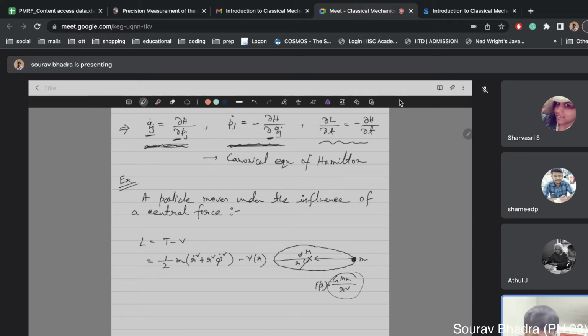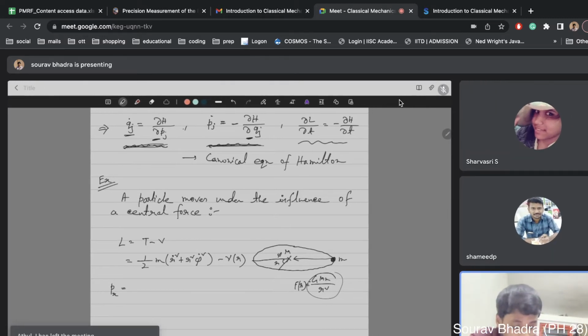Now we will calculate the momentum along the radial distance. I will do this problem both by the Lagrangian and the Hamiltonian method. So P r is del L del r dot, because you know that in the Lagrangian system Pj is del L del Qj dot.